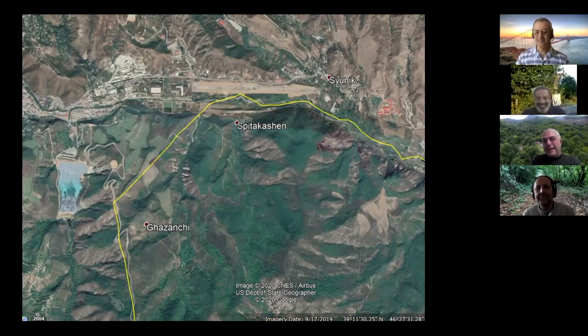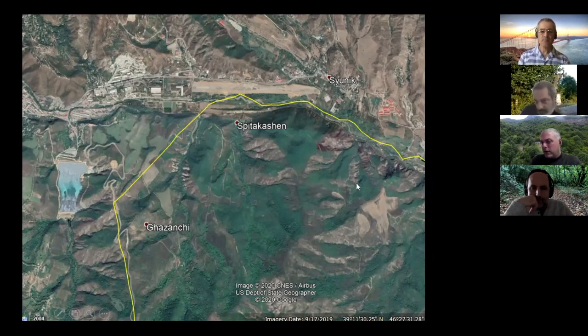Well, I mean, the issue is that the 1929 maps are not discussed anymore because this is what they are using right now. In the future, if there will be a delimitation or a demarcation, we might be able to renegotiate all these borders. But there is a big but here: this will take a year or two years. They will be deployed in all these strategic heights of Syunik.